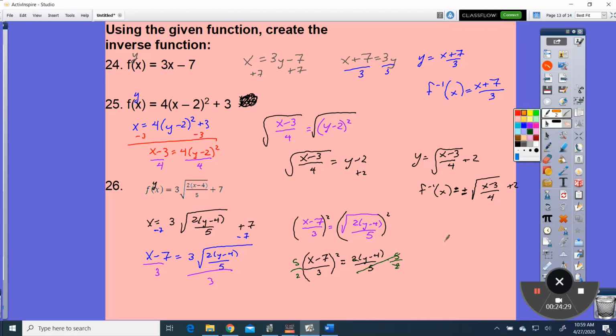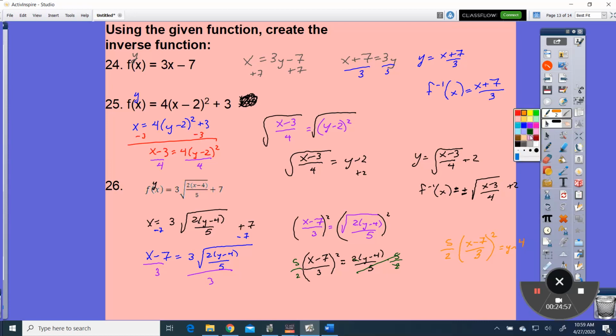I now have 5 halves times x minus 7 quantity over 3 squared equals y minus 4.